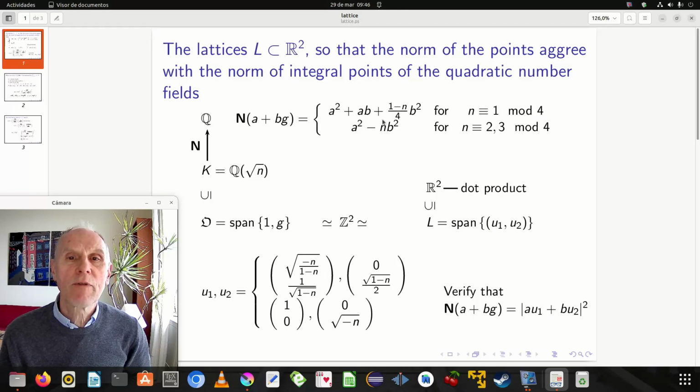And if n is equivalent to 1, then this is the norm, and g is 1 plus square root n, halves. And with this lattice, we just need to verify we've got the right lattice.